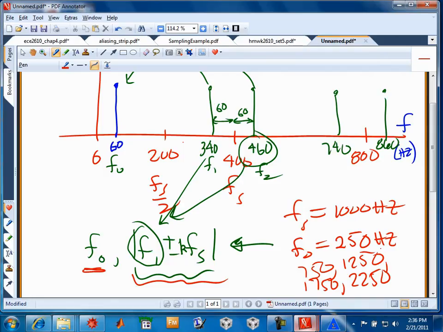The folding frequency is not what you use in your calculation, and I want to point that out. You don't see fs over 2 entering in this equation with the absolute value signs. The notion of the folding frequency comes about as what things pivot with respect to. If I take this plot right here and put a fold right along here, and fold the drawing along that line, this 340 would land right on top of that 60, right?